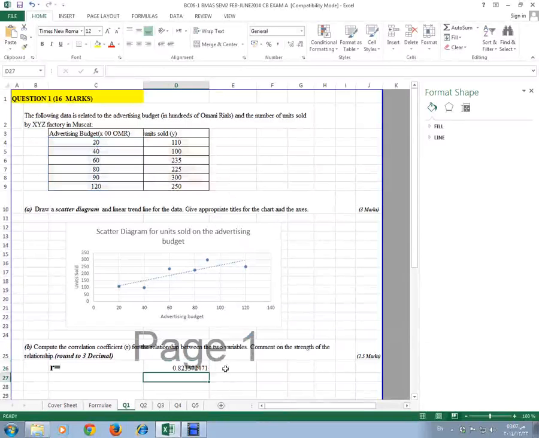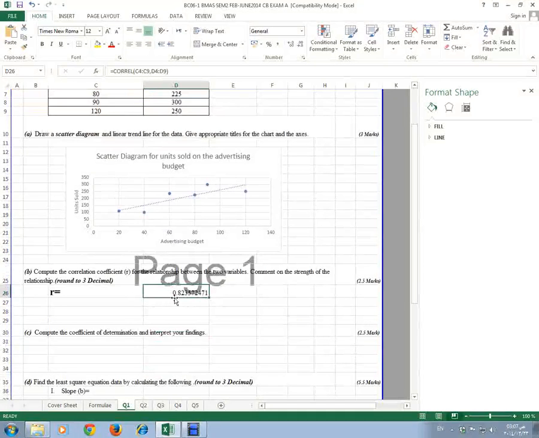Here it is clear that this one is 0.8, which is high, because the correlation is normally between 1 and -1.